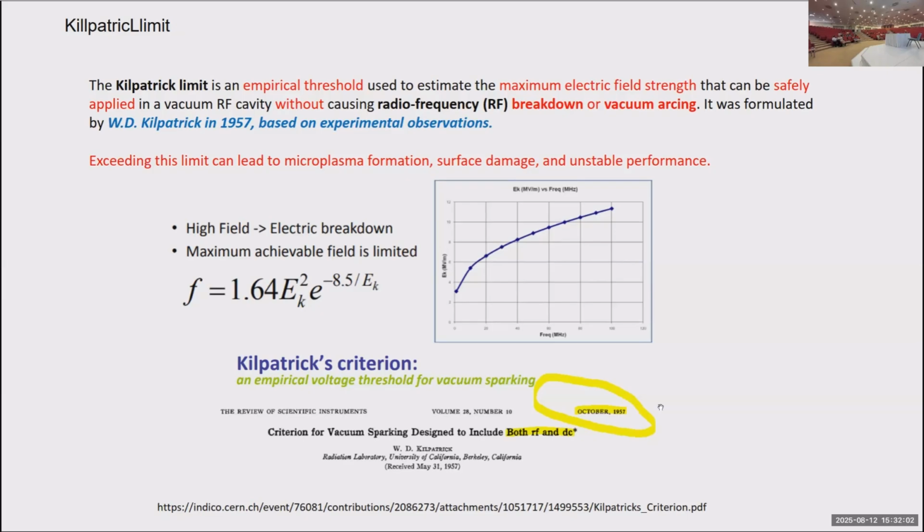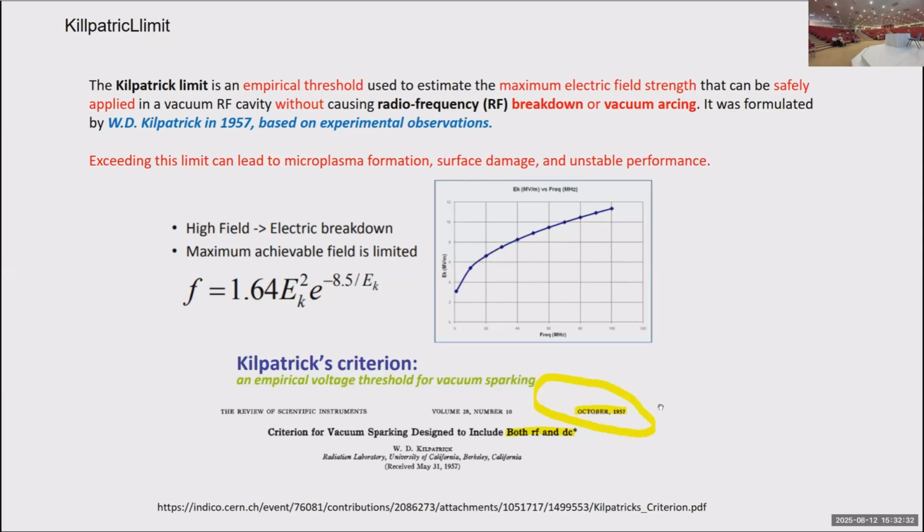If you use this frequency at this electric field, then space will break down. It means you're going into a plasma state. It's mostly an arc, not a glow, and it's very dangerous, and everything collapses.